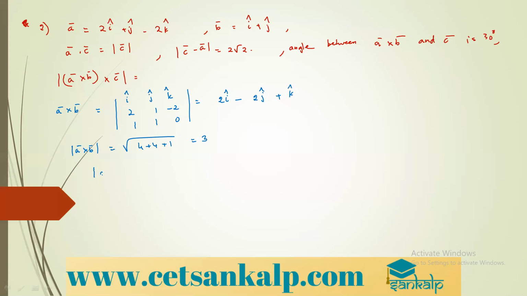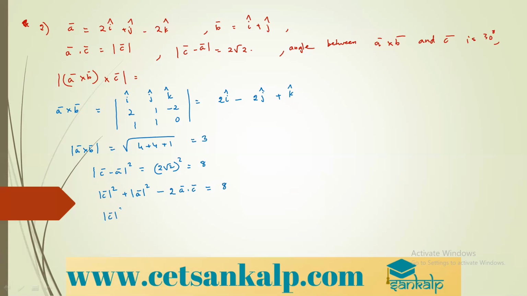Now, magnitude of C minus A whole square will be 2 root 2 whole square, that is 4 into 2, 8. So I can write magnitude of C square plus magnitude of A square minus 2 times A dot C is equal to 8.